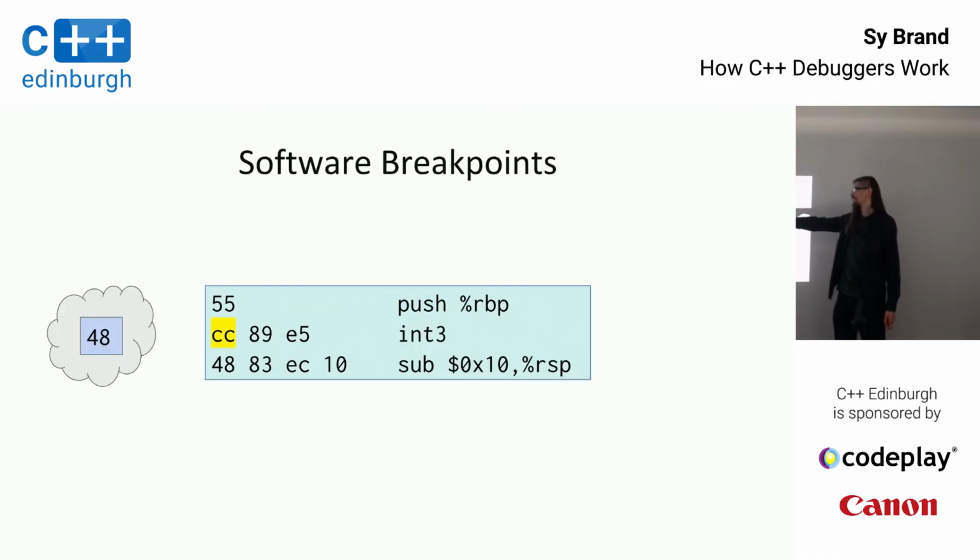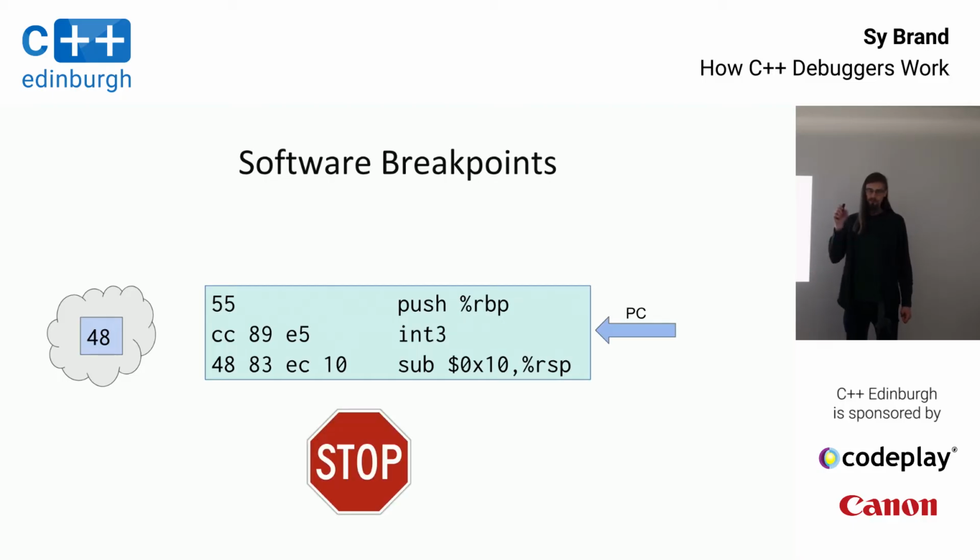But note, what we've done is we've taken the first byte of an instruction out of code we're executing in memory, and we've replaced it with this new one. So now, when we get to this point, instead of our original instruction being executed, it's now going to be this int3 thing. So as for what int3 actually does, when we execute this first instruction, fine, we push this register, then we get to here, and then we stop, because int3 triggers an interrupt.